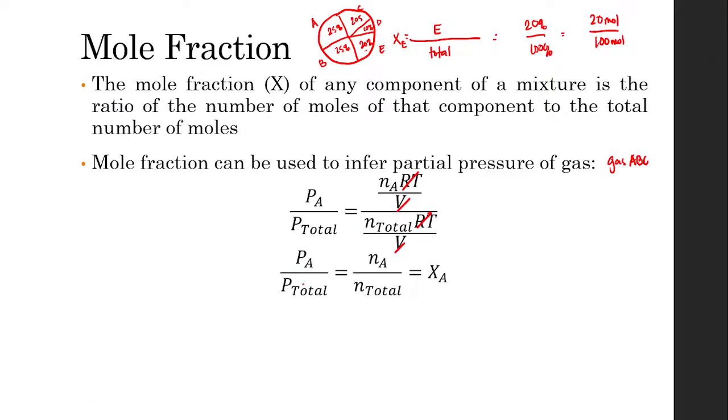And we end up with something like this, wherein the partial pressure of A divided by the total pressure of the mixture, let's think of it again as just gas ABC, is equal to the number of moles of A divided by the total number of gas moles found in your mixture.